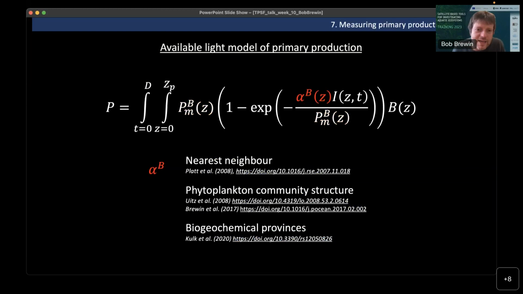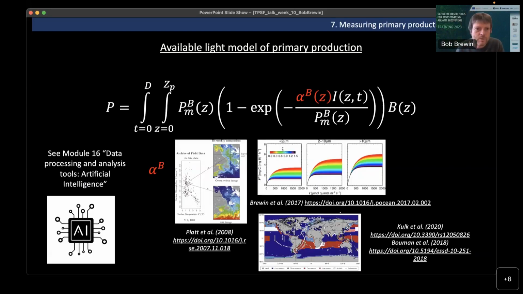But these again are just three ways at which we can estimate alpha B. So this initial slope, the efficiency of the phytoplankton, we can estimate that parameter and feed it into our primary production estimates. Again, using the nearest neighbor technique I mentioned before, or looking at phytoplankton community structure, or thinking about aggregating the in situ data sets into different biogeochemical provinces.